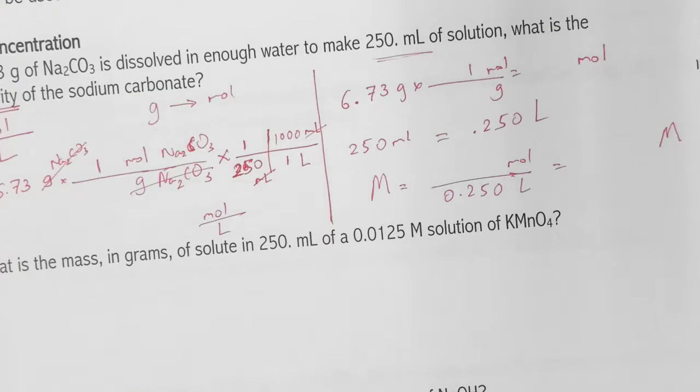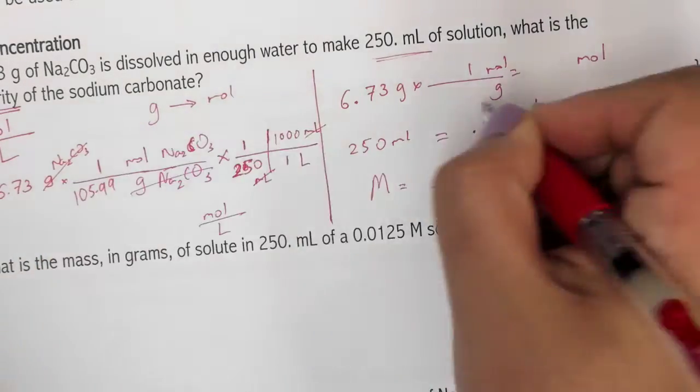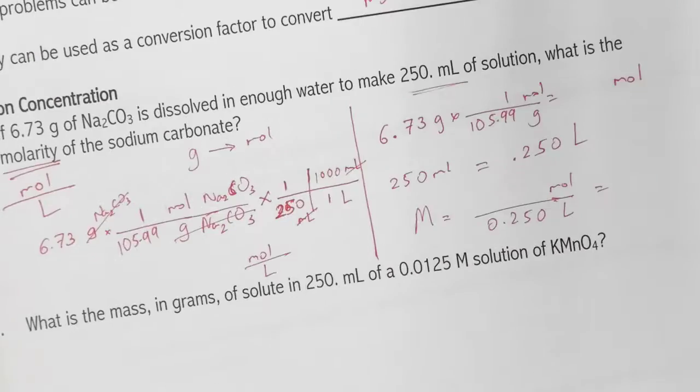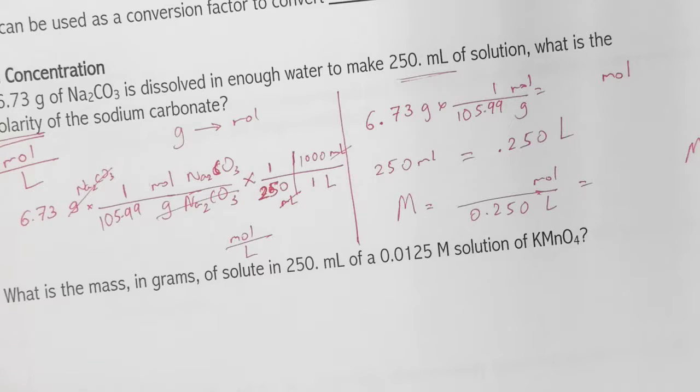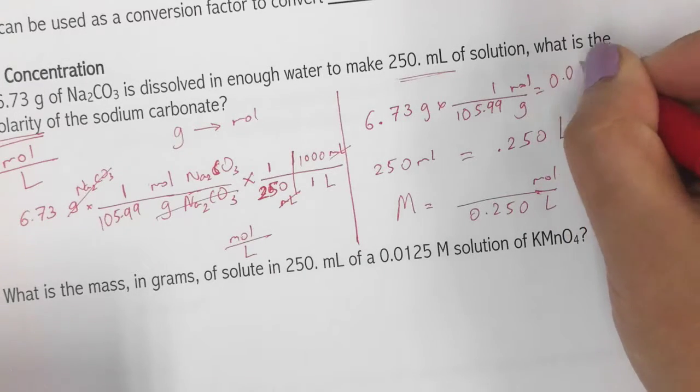So that gets you 105.99. Hopefully that was correct. Do you guys see the difference? It's pretty much the same thing, except I usually like to do everything at one time, because the moment I grab a calculator, I tend to forget what I'm working on.